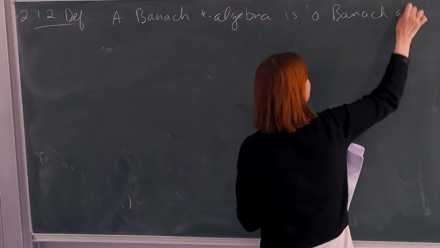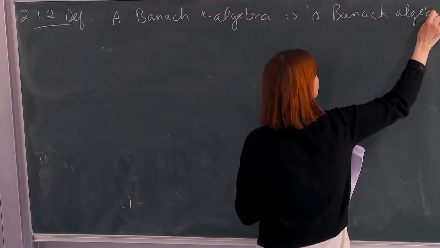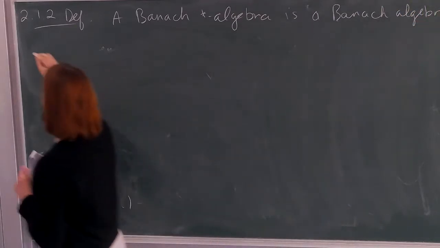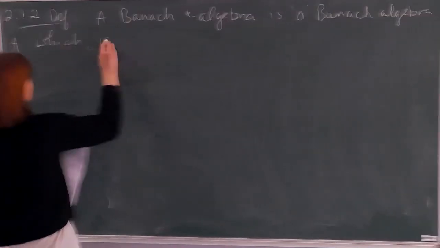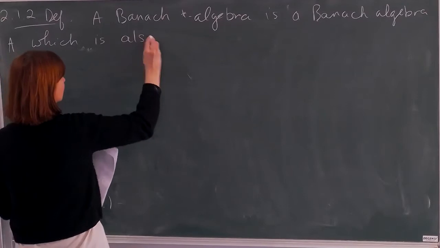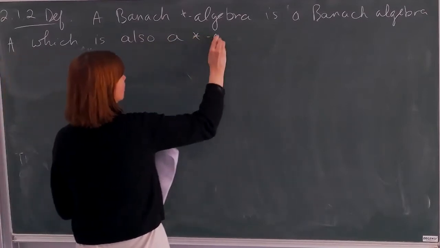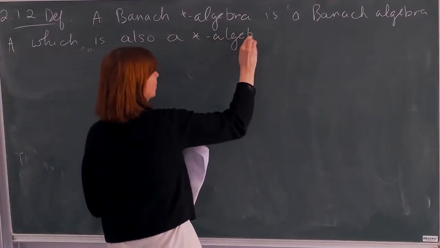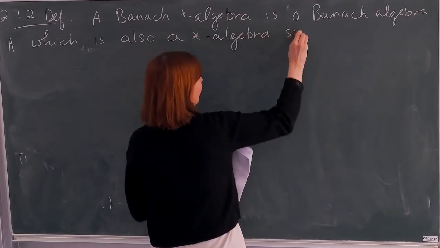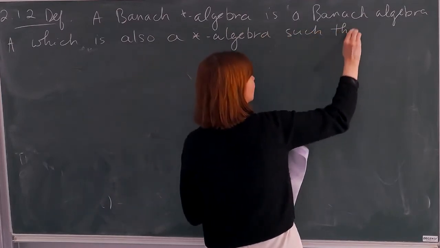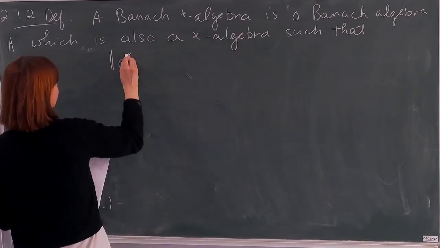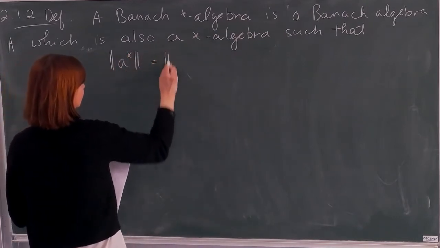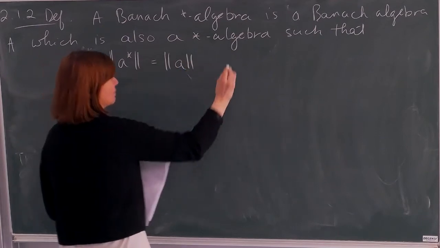So it's going to be a Banach algebra A which is also a star algebra, and we need it to satisfy that the norm of the adjoint of an element is the same as the norm of a.